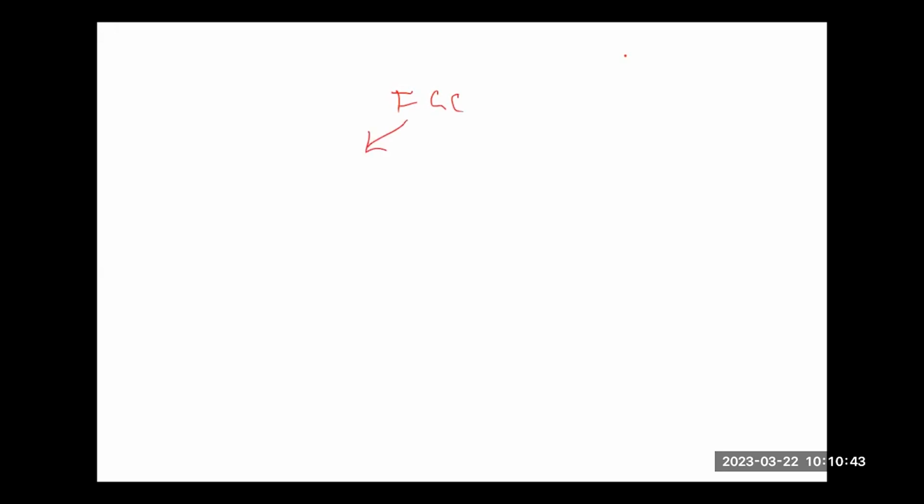We have 4 atoms in total in a cube, hocam. You said 4 atoms per unit cell, right? Yes, hocam. So at each face, we have half an atom plus 1/8 atom at every corner.